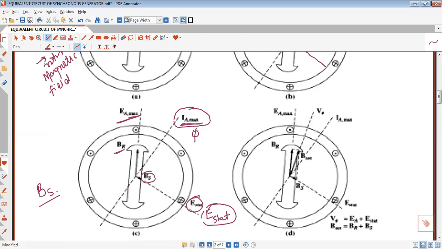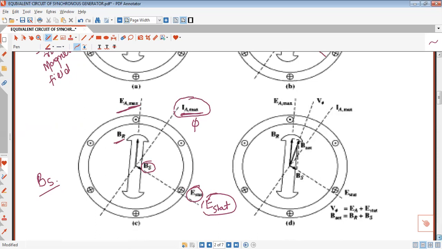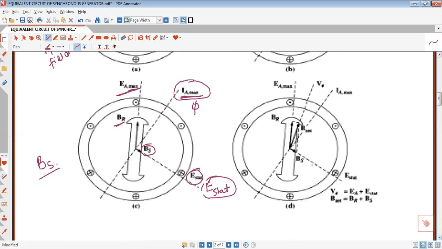So these two induced EMFs, EA max and E stat, will combine. So we can write the output voltage as EA plus E stat.